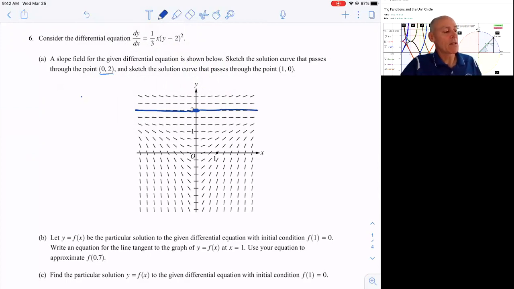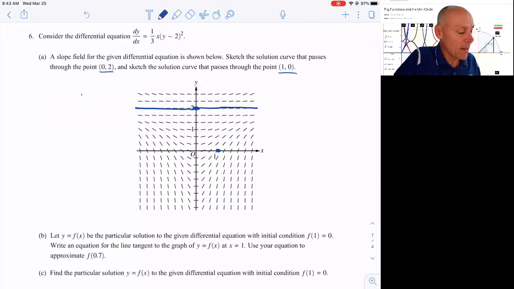Second one, sketch the solution curve that passes through the point (1, 0). Again, first thing I want to do is indicate that point (1, 0) on my graph. So that's (1, 0), this point right here. Then the same thing, I want to indicate going from that point to the right.